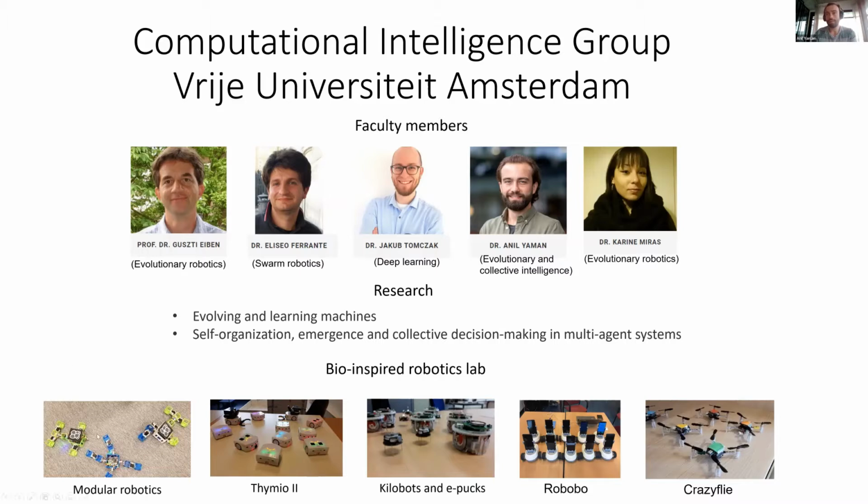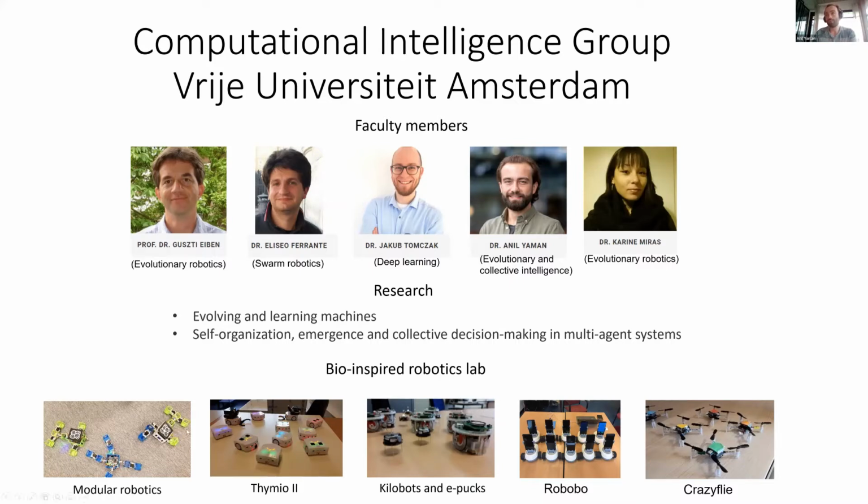For example, here we have a modular robotics platform. We can print these modules and attach them with motors. This is a distributed kind of controller, with different motors and different joints. The goal would be to optimize this robot to perform locomotion behavior, for instance, or different tasks like object avoidance, etc.